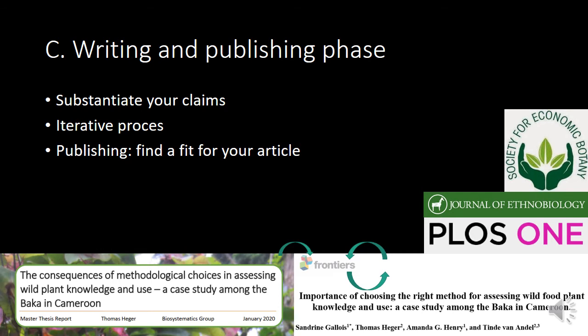Some examples you see here: Society for Economic Botany has Economic Botany, which is not as easy to publish in, but the bottom one, PLOS ONE, is very broad and generalistic, and they're a lot more open to any article, basically. They therefore also accept ethnobotanical research.